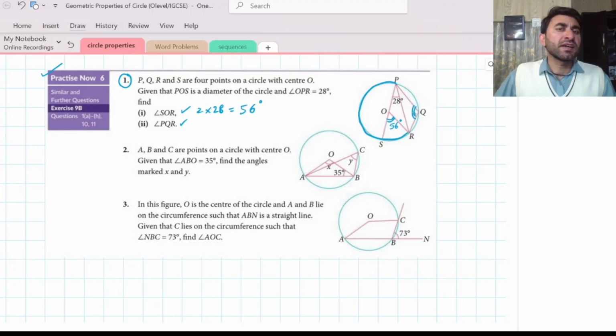So in order to find this angle at the circumference, we will first figure out the angle made by the same arc at the center, and that is definitely the reflex angle POR.